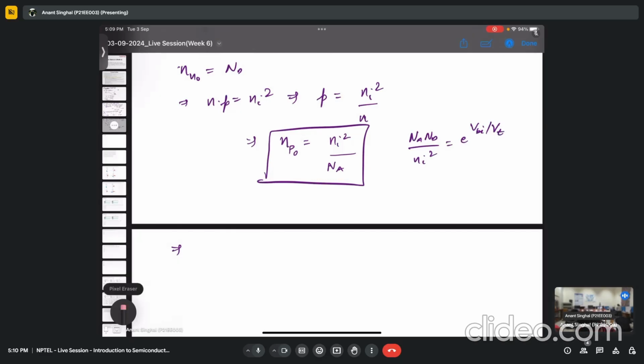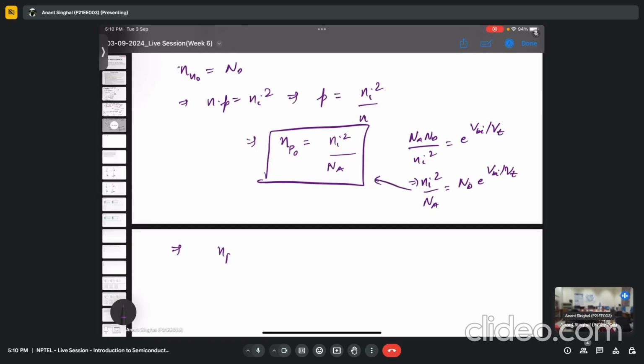So here I can write that ni squared by Na is nothing but Nd times exponential of Vbi over Vt. This is purely mathematics, I have just done the opposite. So ni squared by Na will be Nd times exponential, and I'll be putting this in this equation.